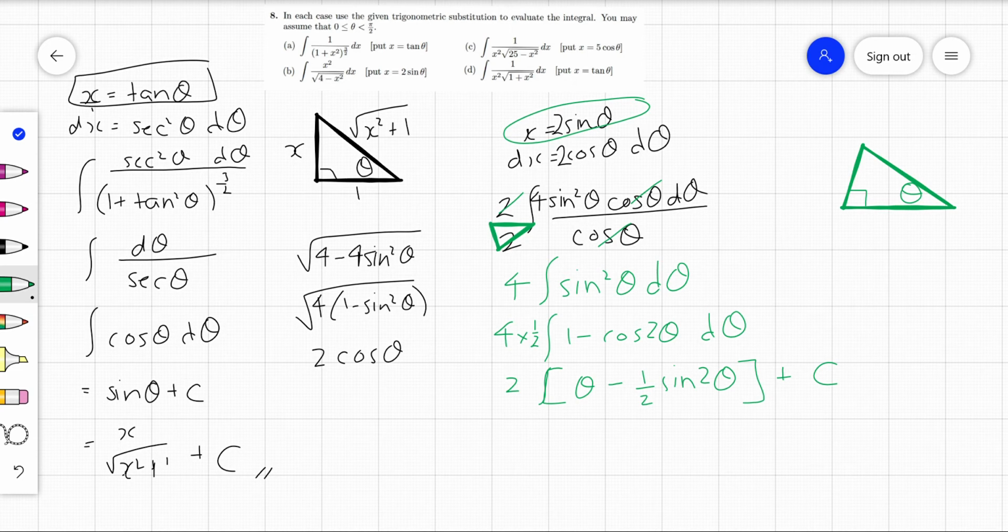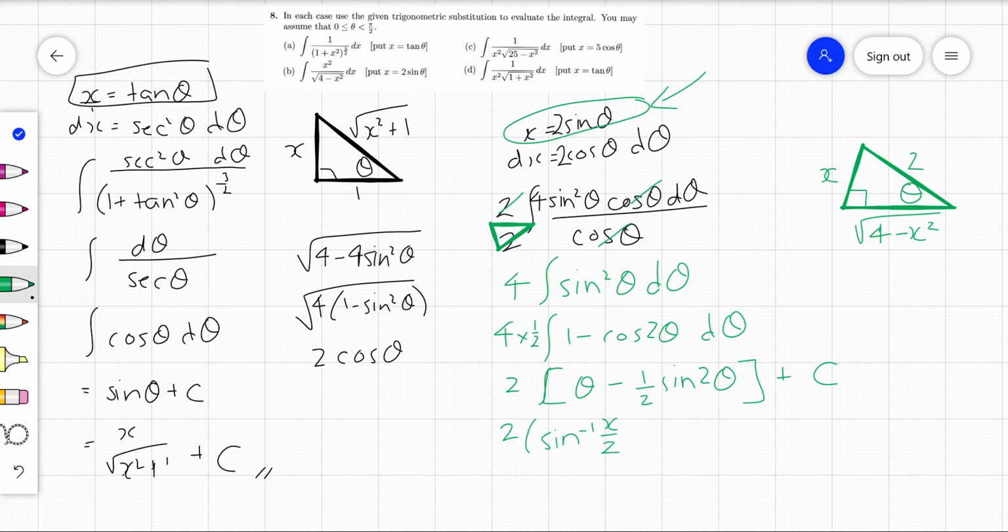Some old hags, my triangle's terrible. So again, I take the square root of 4 minus x squared, just using Pythagoras. If I use that here, I've got 2 lots of theta, and if I go back to here again, theta is just inverse sine of x on 2.